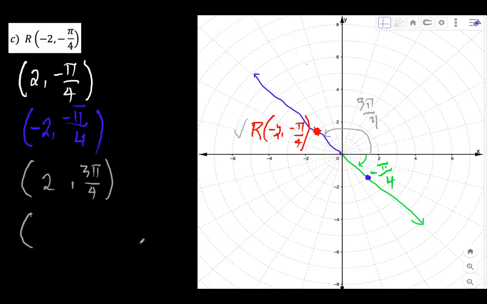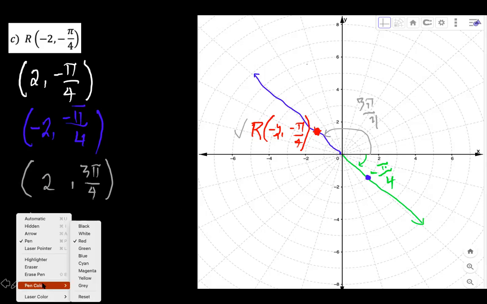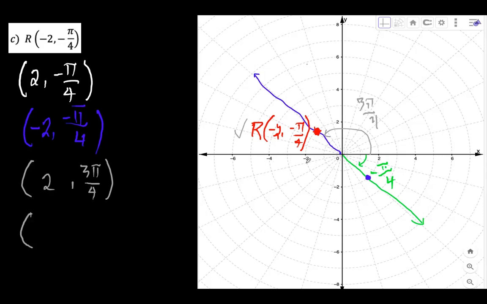Okay, let's make use of color magenta. Since this is our final or terminal side here, we can make use of this. This is equal to negative 5 pi over 4, right?